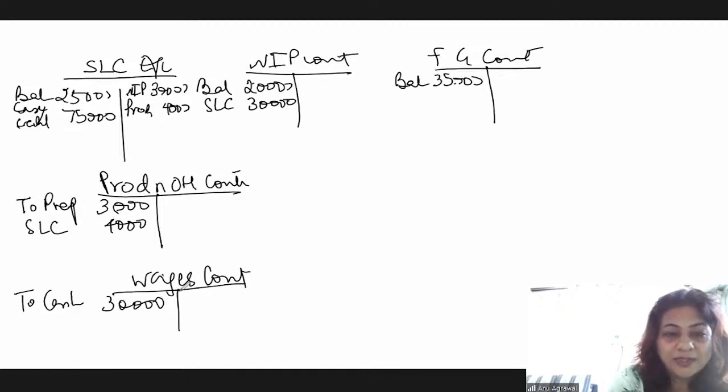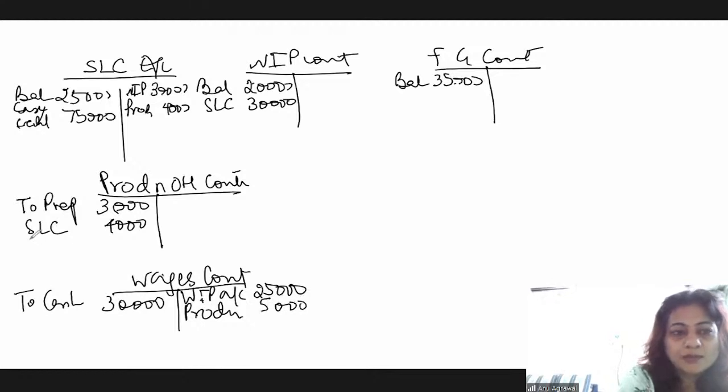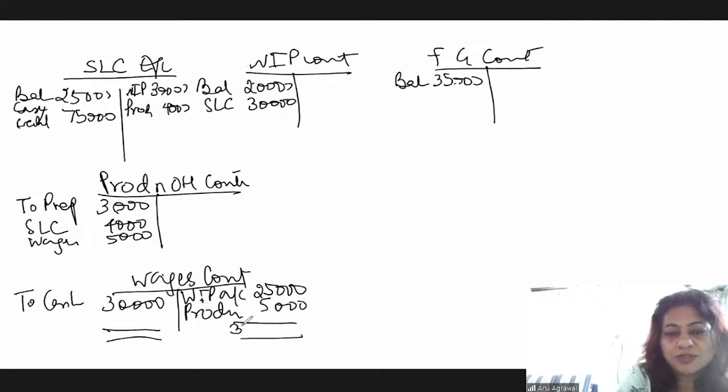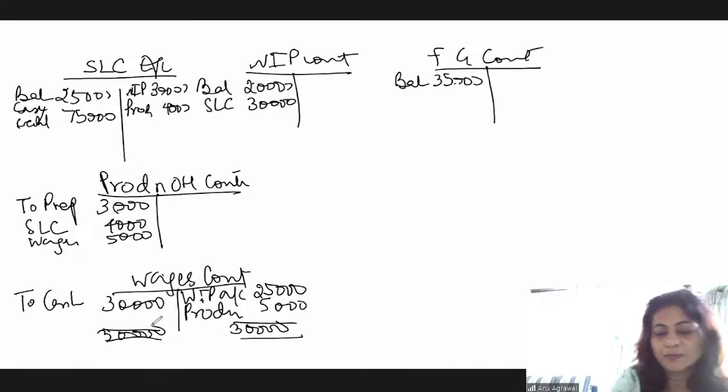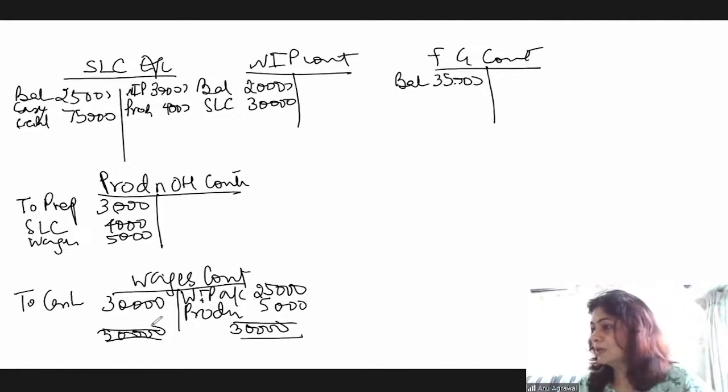So that means the direct wages will go into WIP account and indirect will go into production overhead control account, 5,000. Wages control account. Always see, the first account which gets closed is always the wages control account. Yes? Okay.